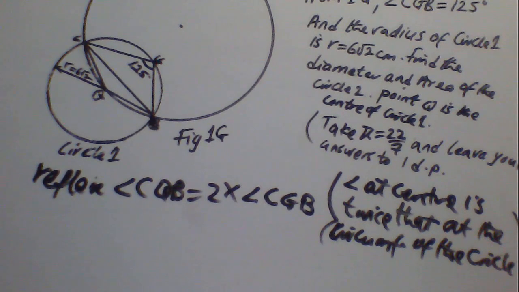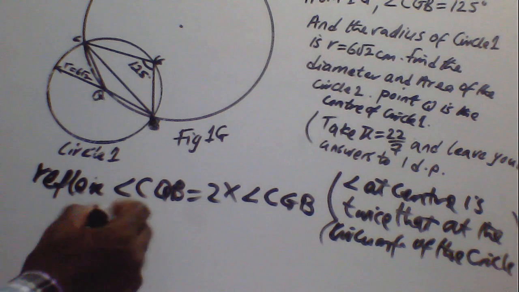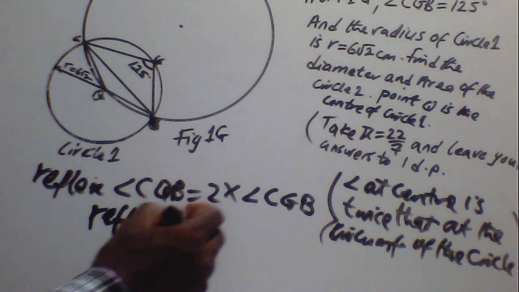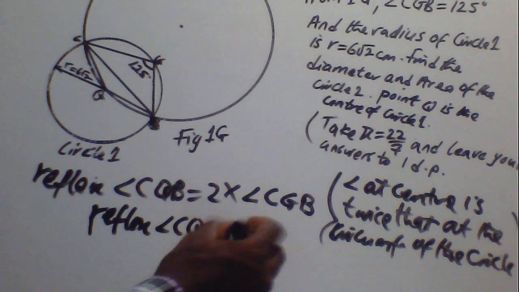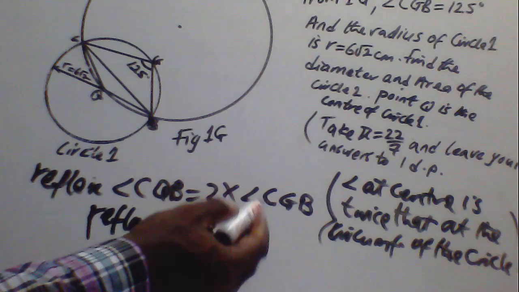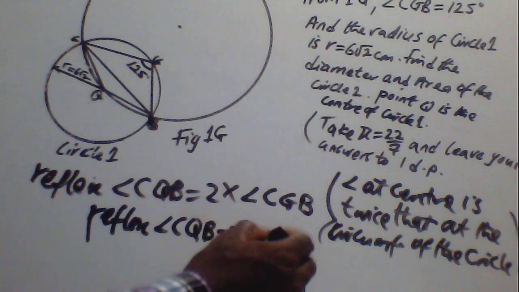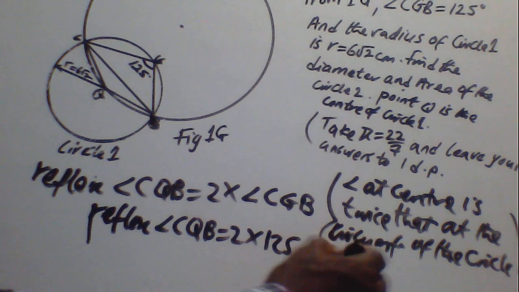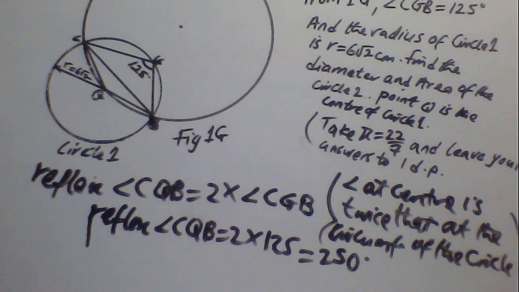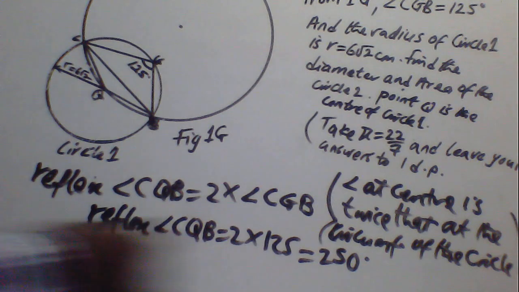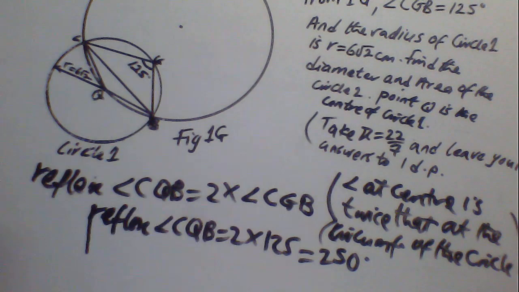Once we have understood that, the next thing is to find angle CQB. So reflex angle CQB is equal to 2 times angle CGB, which is 125, and this will give us 250 degrees.